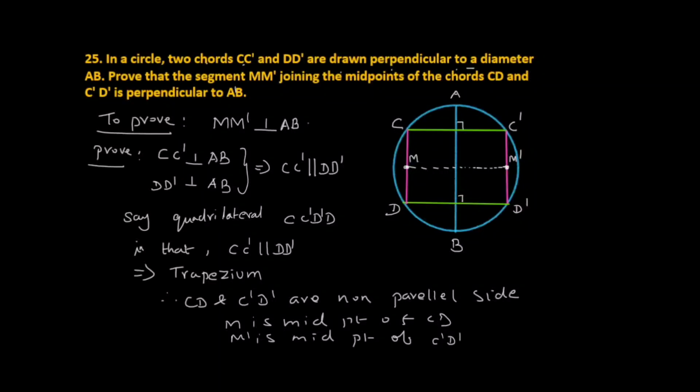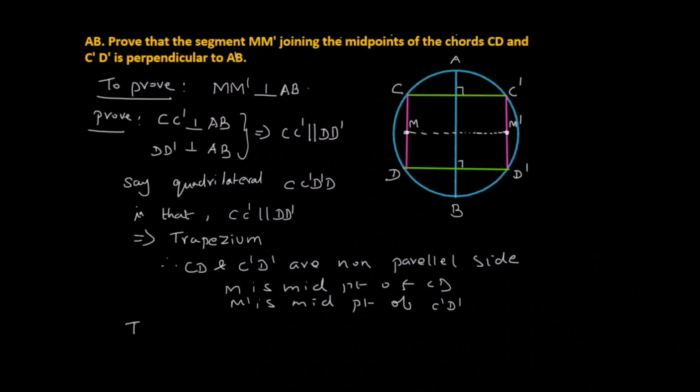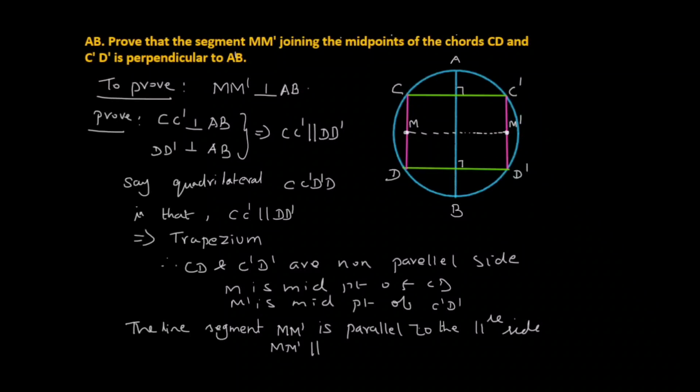So the line segment joining the midpoints, MM dash, is parallel to the parallel sides of the trapezium. So MM dash is parallel to CC dash and DD dash.